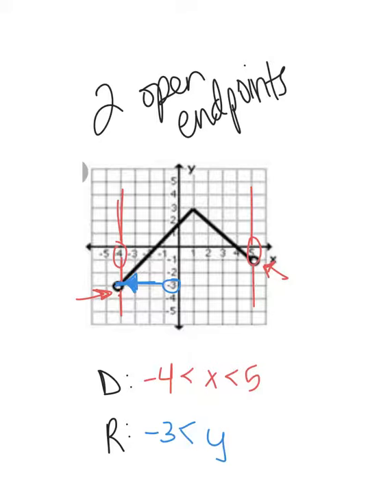And then the top of the function, so this is our floor, this is where the bottom is. Our top, we see this very point at the top here. That's the very top of the graph, and that's at a y value of 3. So there is a point there because the line is there and it touches that, and there's no open circle there. So y can actually equal 3.